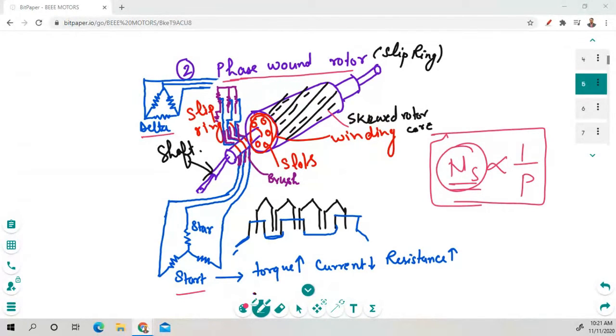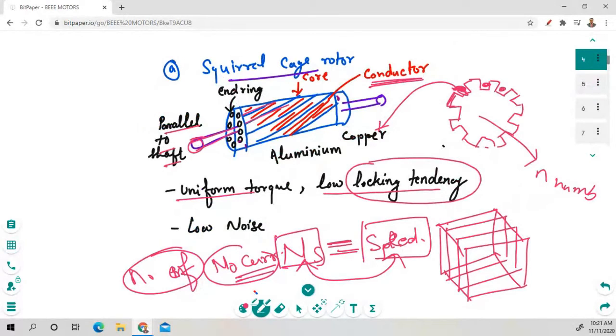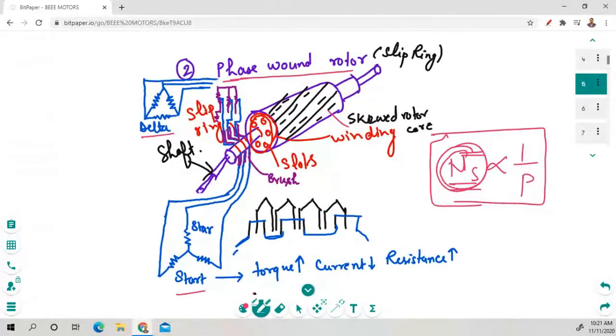Okay, so Ns is the synchronous speed. How to achieve this synchronous speed? We have seen from the previous example, when this synchronous speed is equal to the speed of the rotor, then there is no EMF and no current, then this locking tendency will be achieved.